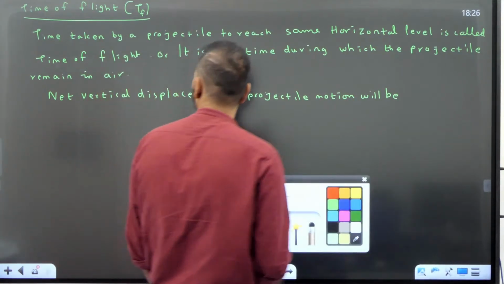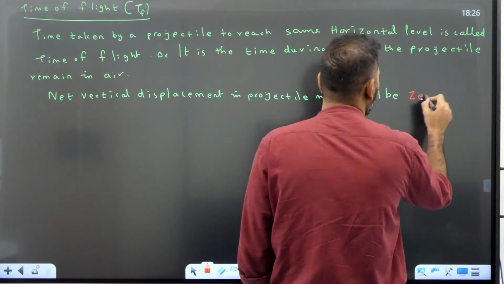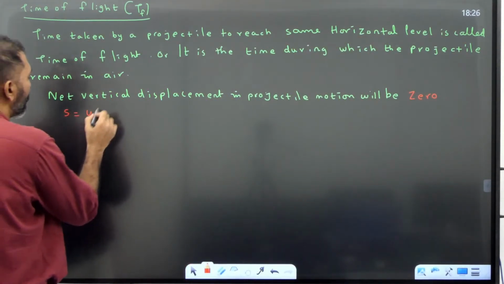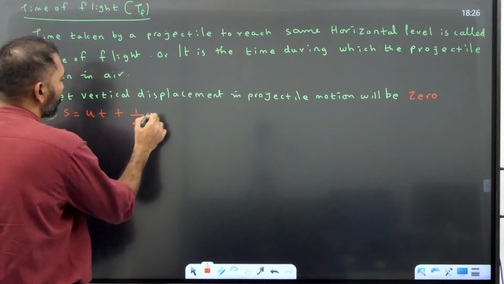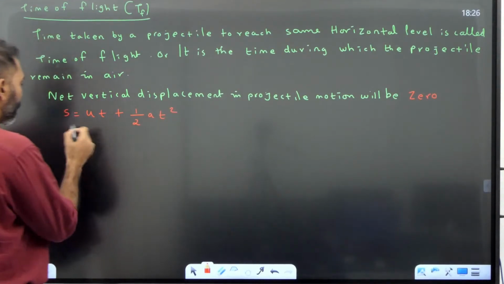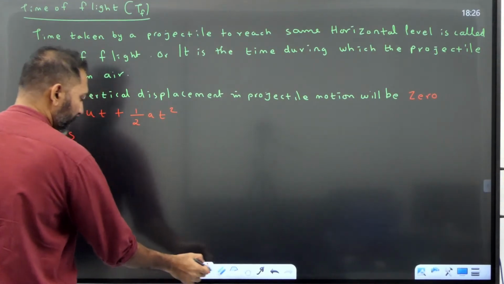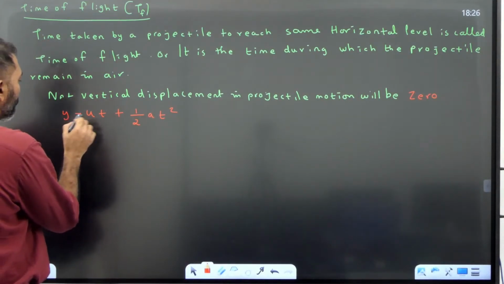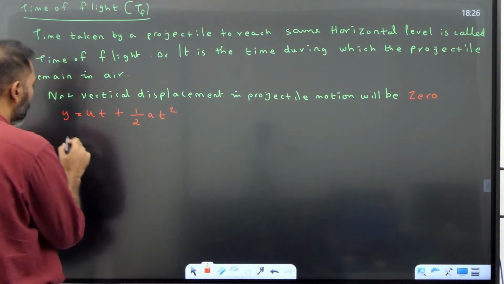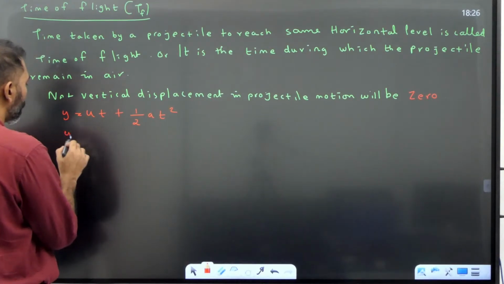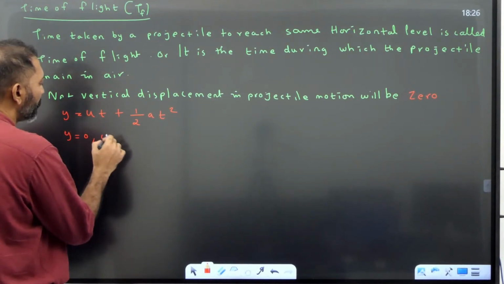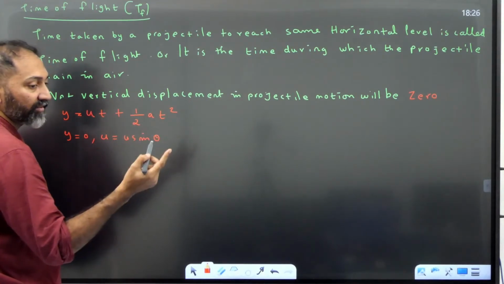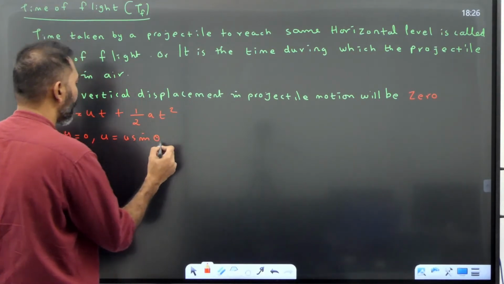Net vertical displacement will be 0. So, S is equal to ut plus half at square. Here, instead of S, I should write Y, because I am considering vertical motion. So Y equals 0. For vertical motion, the initial velocity is u sin theta. Remember, u cos theta is for horizontal motion.